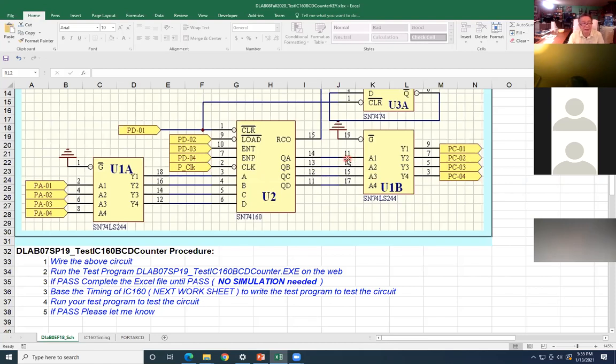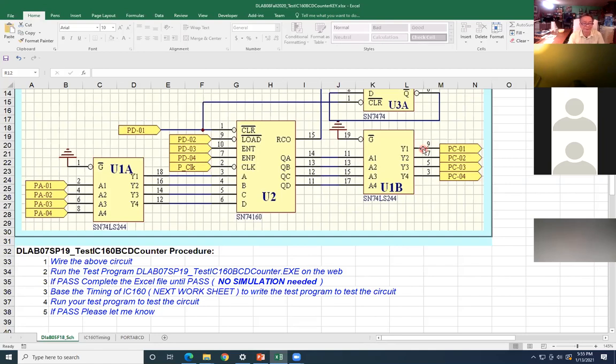Normally, in the company, you don't have to check this way. You don't have to, you take 14, you don't have to take 11. In the lab, you have to do this because of the wiring, maybe you connected it wrong. Okay? In the company, you check QA logic 1, then you can go right here, pin 9.